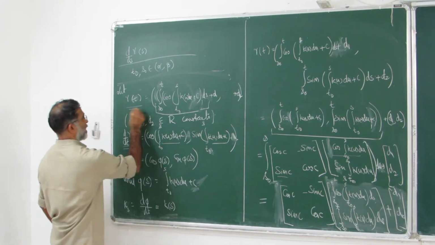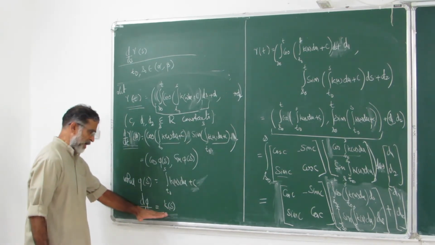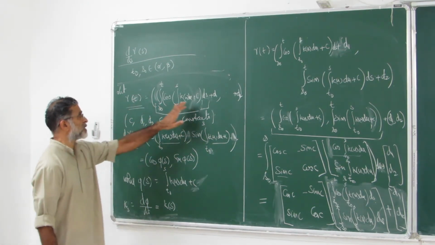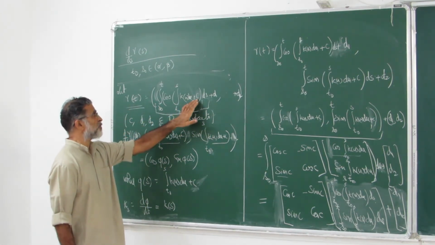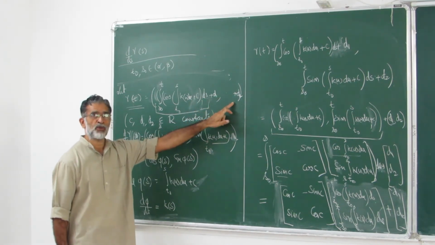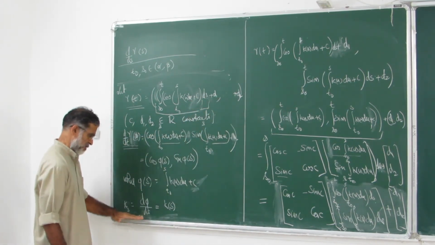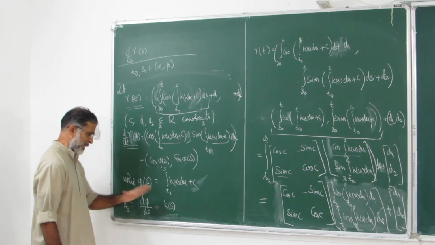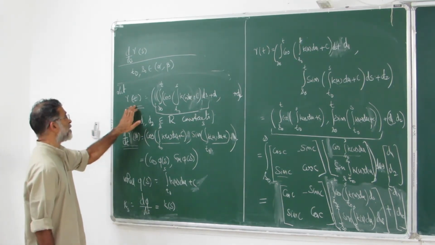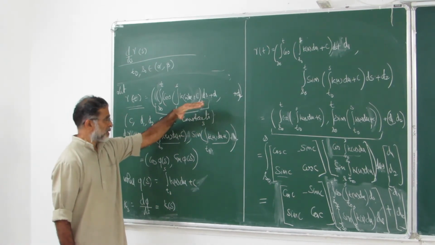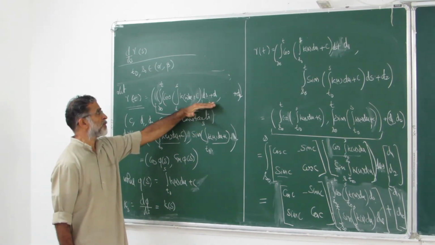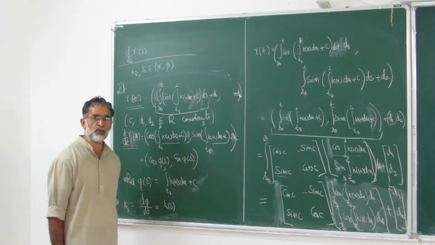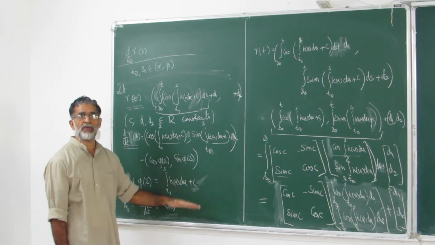So if gamma has signed curvature Ks, then gamma will be like this with three constants involved: C, d1 and d2. Any unit speed parameterized curve gamma whose signed curvature is Ks will have this expression for some constants C, d1 and d2. All the curves come like this.